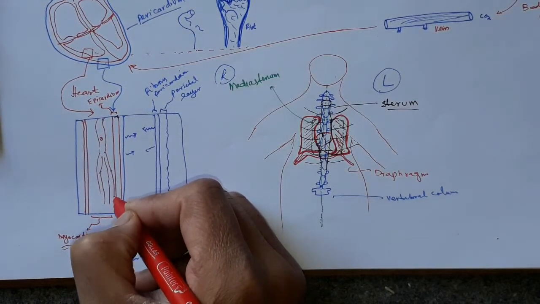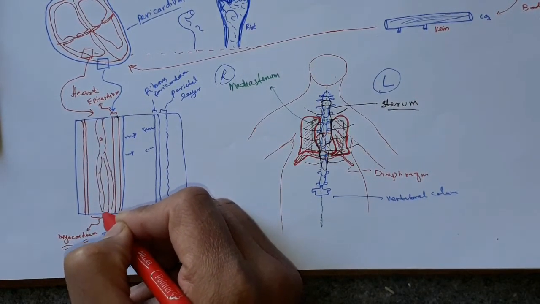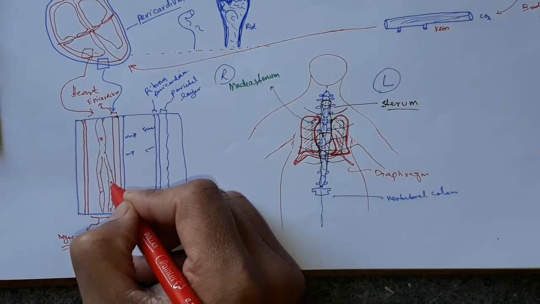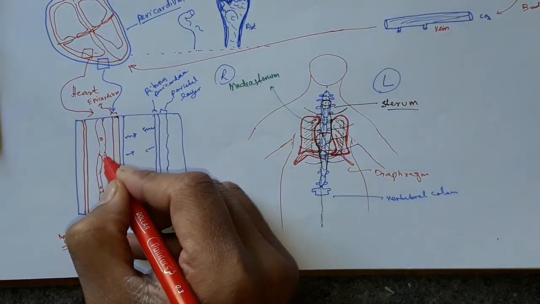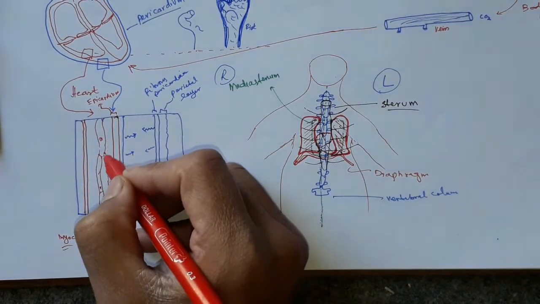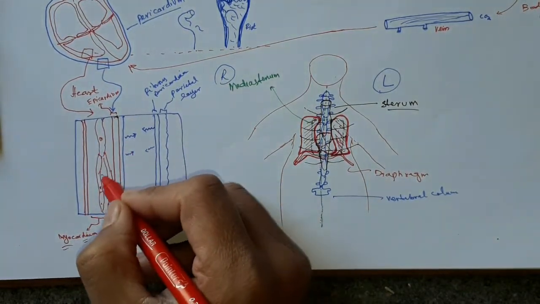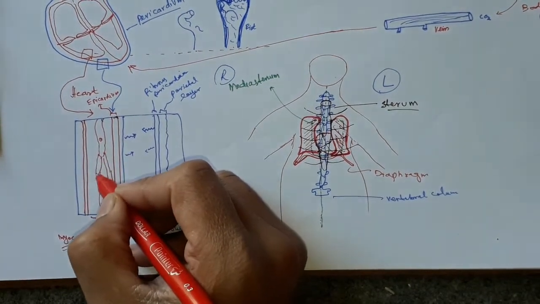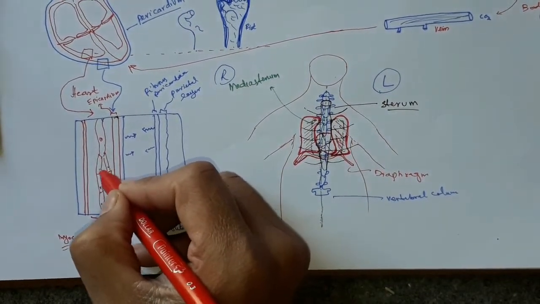I will draw, for simplicity, just a single muscular cell. These are mononucleated cells, and I will draw a single layer of muscle cells.